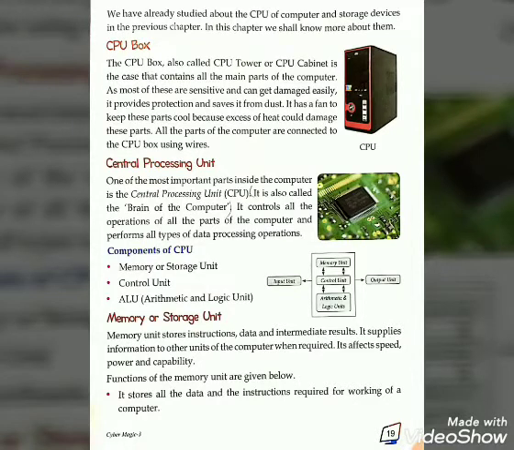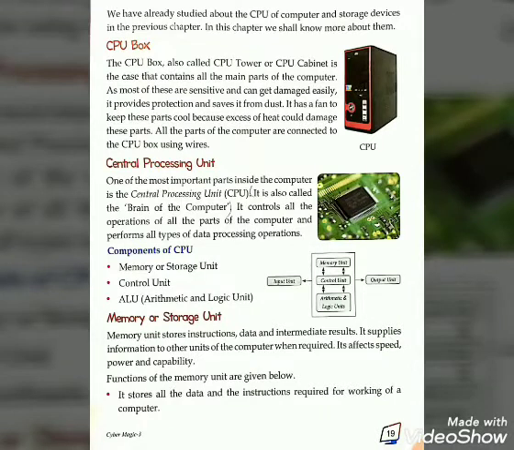And all the parts of the computer are connected to the CPU box using what? Using wires. So my dear students, you have to remember that first of all, the CPU box is also called the CPU tower or CPU cabinet, and it contains all the main parts of the computer. As you know, it is very sensitive and can get damaged easily.